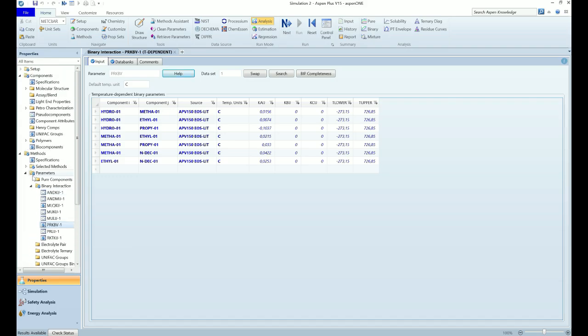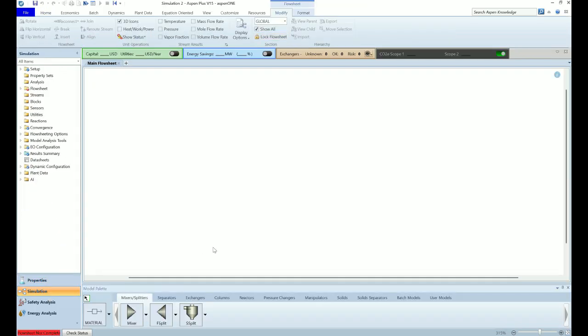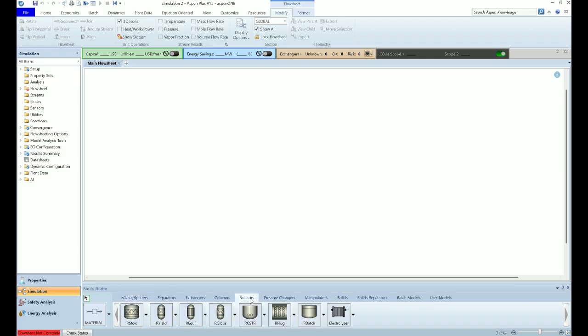So with all these properties, let's go to simulation, and here let's find as our model the RYield model, and let's insert our streams. Here our input stream, and here our product stream.